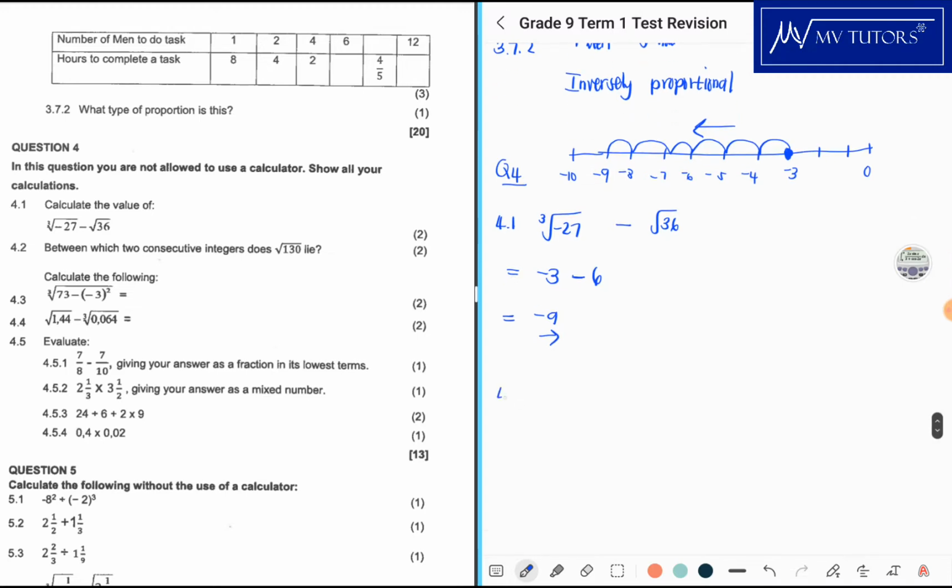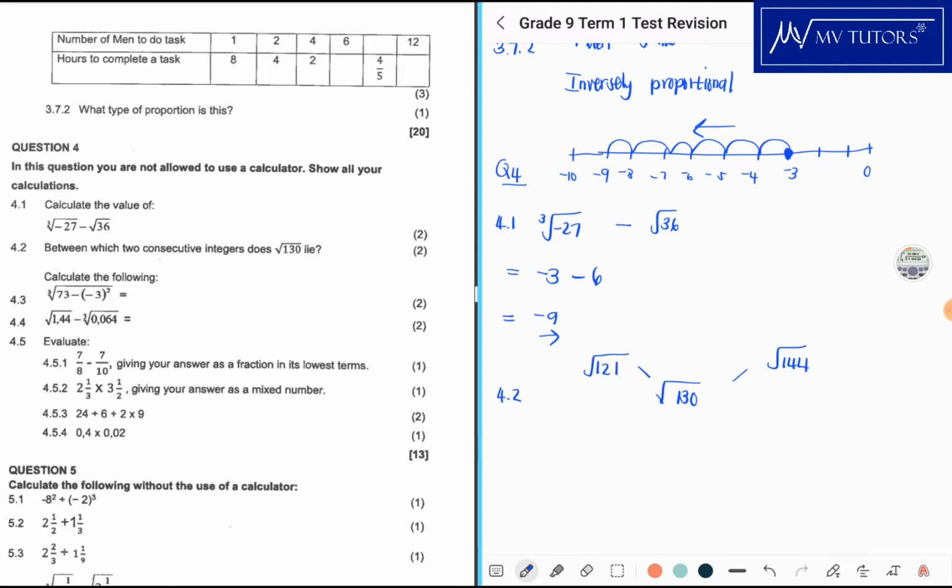And then 4.2, it says between which consecutive integers does one square root of 130 lie? So this is where you need to know your square roots, okay? So basically, I have square root of 130, okay? Remember, we have a square root of 144 and we have a square root of 121, okay?